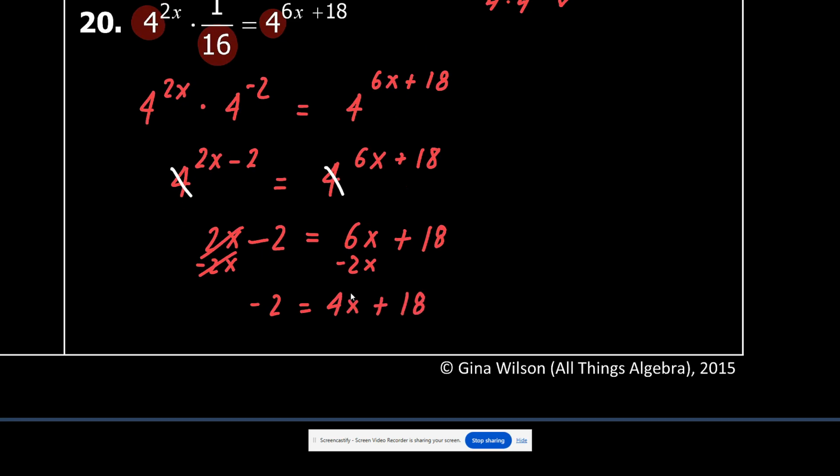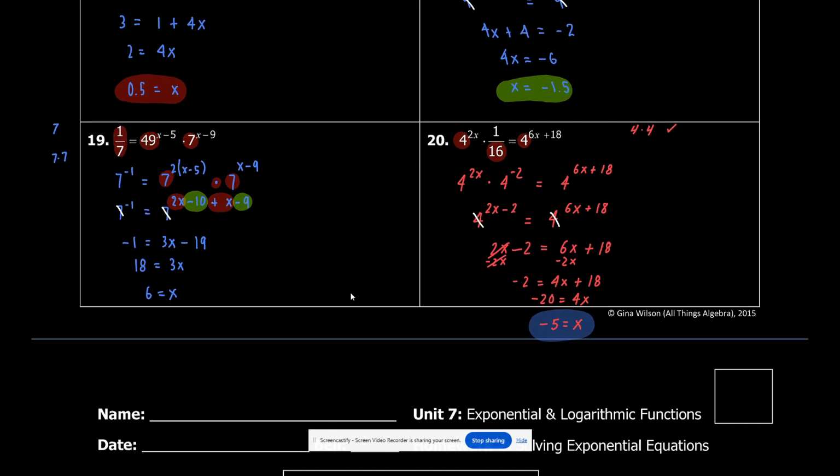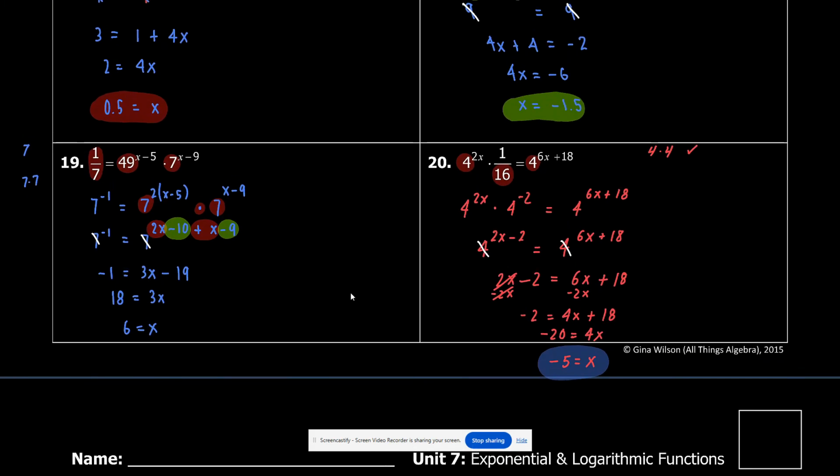I'm going to subtract 18, so negative 2 minus 18 is negative 20. And then I'm going to divide by 4, so negative 20 divided by 4 is negative 5. So x equals negative 5. And that's it. That is how you solve exponential equations by dropping the base.